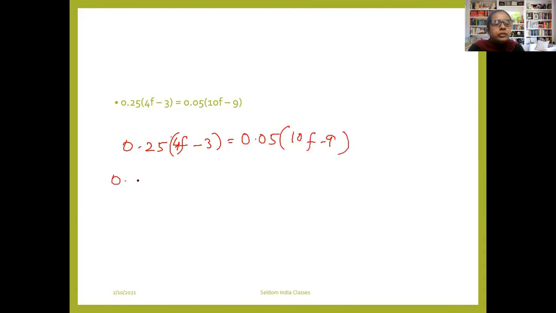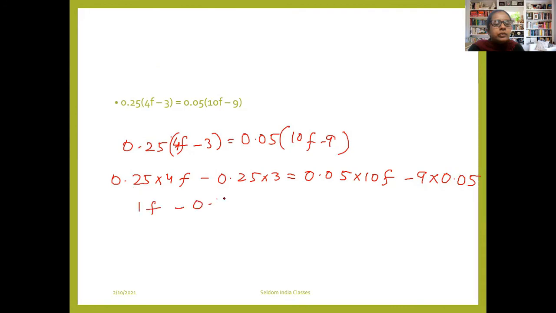So multiplying 0.25 inside, we will have 1f here, minus 0.75, equals 0.5f minus 0.45.